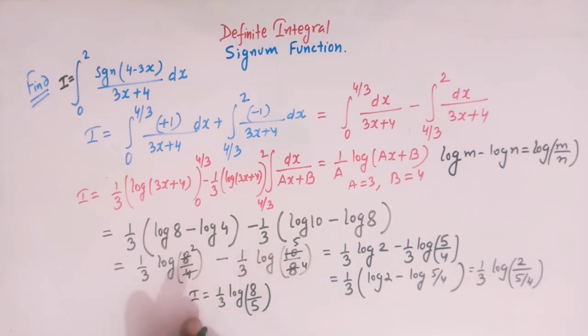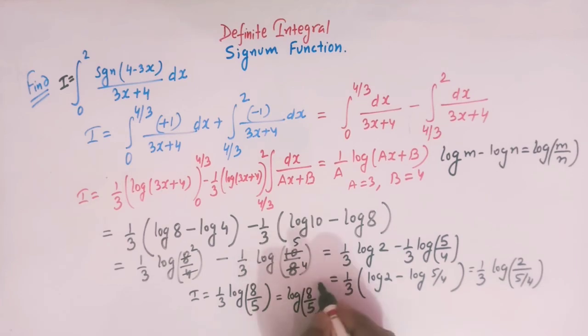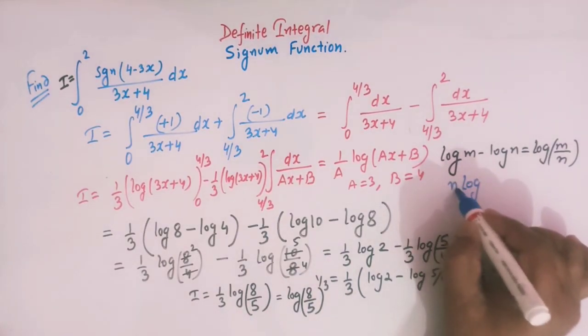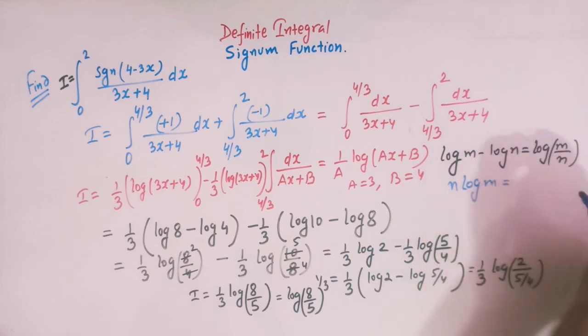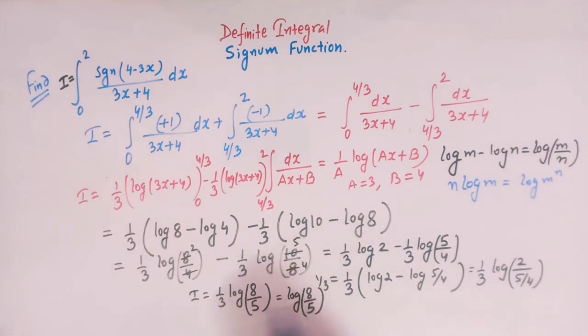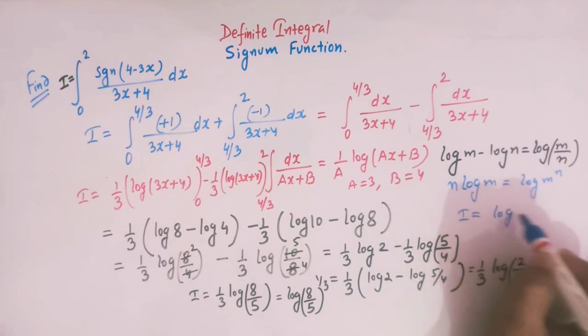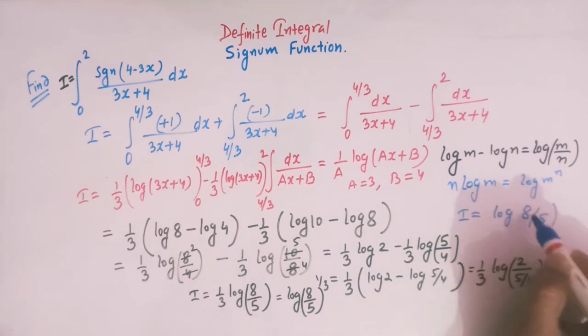So the value of this integral is 1 over 3 log of 8 over 5, which can also be written as log of 8 by 5 raised to 1 over 3. So here we have used the result that n log m is equal to log of m raised to n, right?